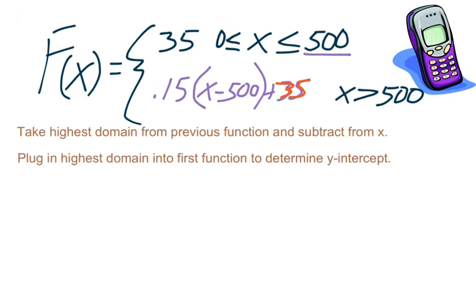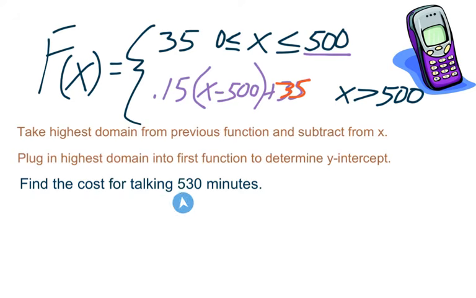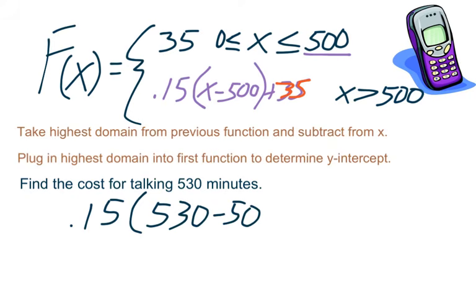So now let's add up to this question. What if we talked for 530 minutes? So to find the cost for 530 minutes, I would look at my domains to see where to plug it in. 530 is not between 0 and 500, it's greater than 500, so I'd plug it into this one. So I would do 0.15 times, plug in the 530 for x, minus 500, and then add 35.